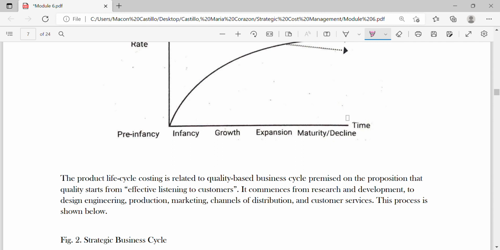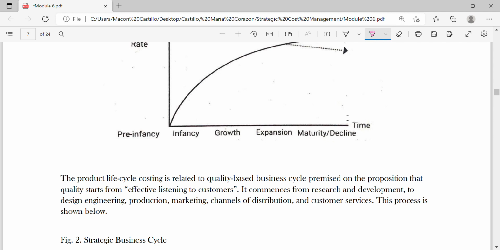But at the end of the day, in order for us to have competitive advantage, we always ensure that we increase customer value. One way of increasing the customer value is providing them with quality products and quality services. We also discussed that in providing quality products and services, the level of quality is being determined by the customers themselves.